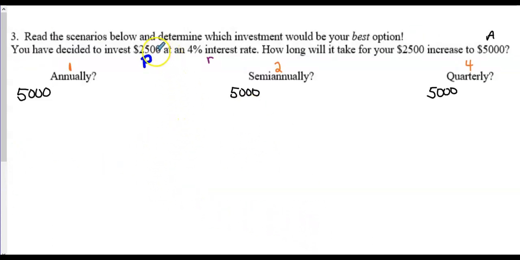Then I'm going to fill in a 2,500 for the principal for each of them. And then I will also have the 1 plus in parentheses, but then my rates are the same, but my number of compounds is not. So I'm going to fill in the principals and everything else, and I'll come back.